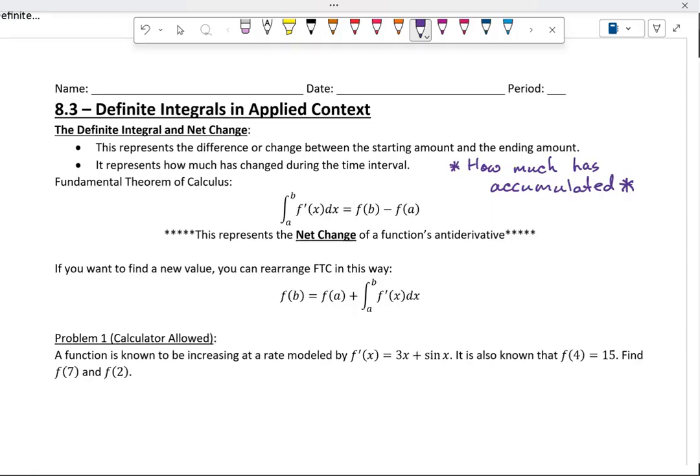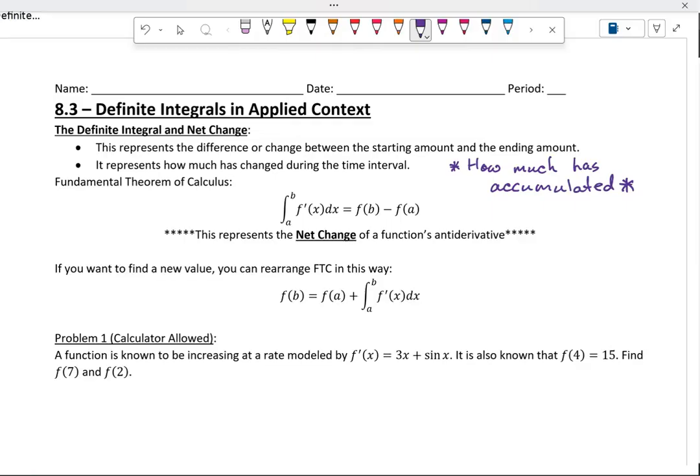So this is our normal integral, the integral from a to b of f prime of x dx equals f of b minus f of a, just our normal FTC. Again, it gives us that net change, the accumulation of that function's antiderivative. If you want to find a new value, you can rearrange FTC in this way. Doesn't that look familiar, guys? Isn't that what we are doing with that new position situation?